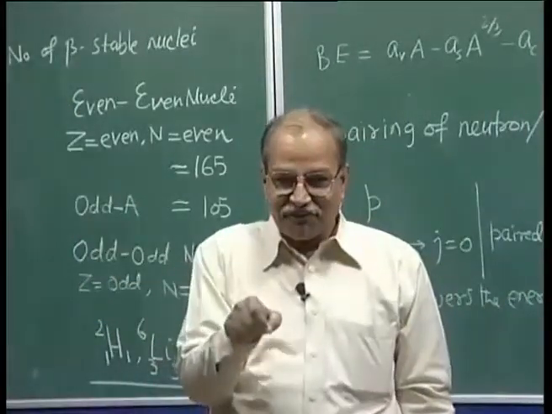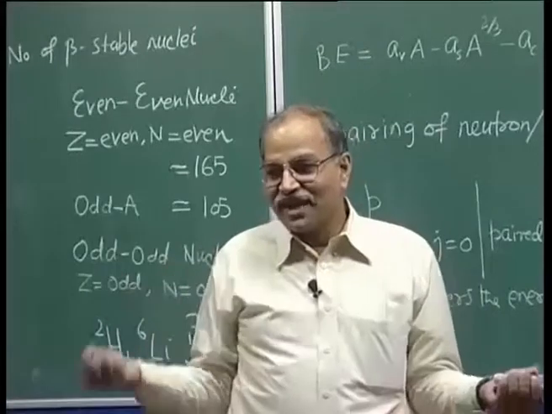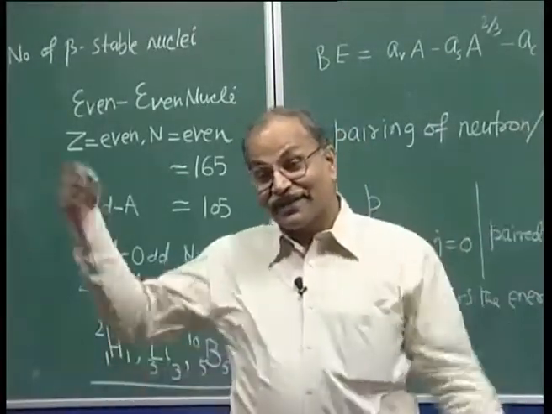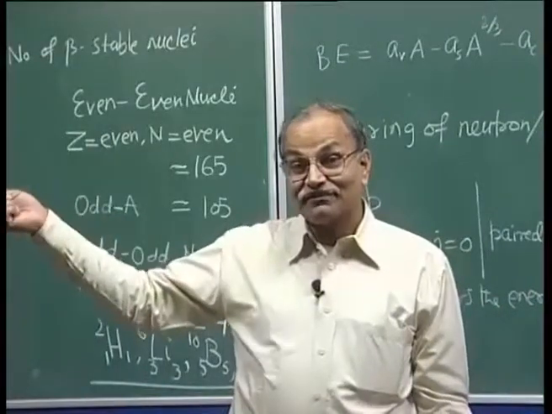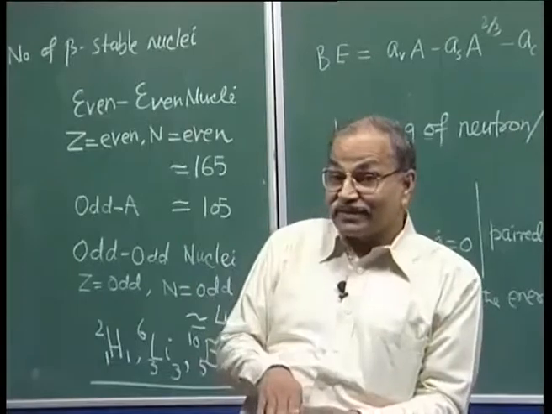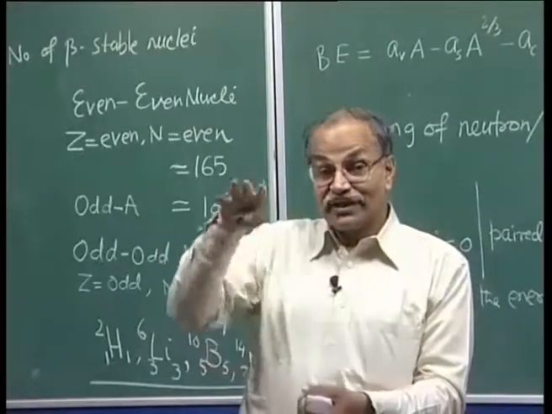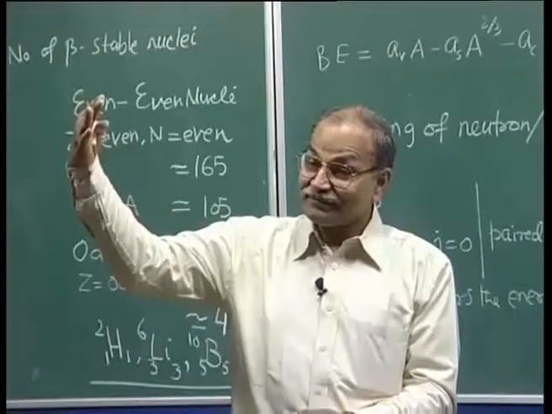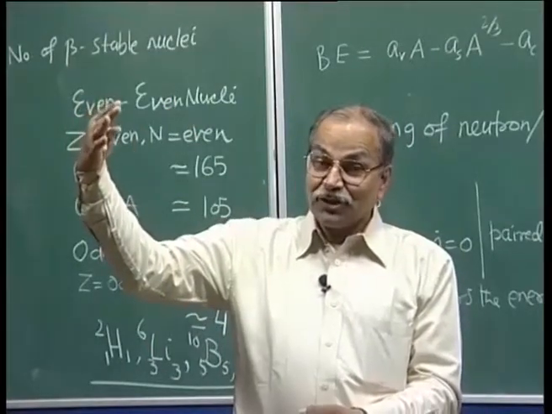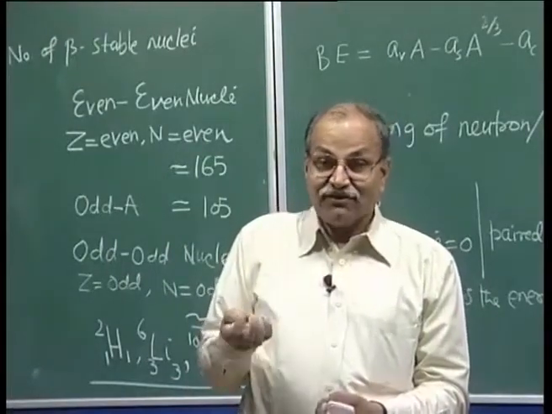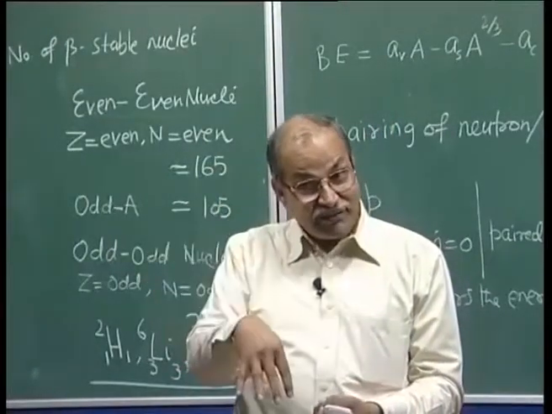Pairing itself would prefer 2 protons or 2 neutrons rather than 1 proton sitting here and 1 neutron sitting there. So pairing lowers the energy, and if it lowers the energy of the nucleus, it is increasing the binding energy.